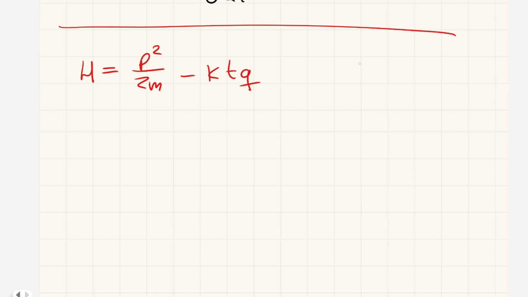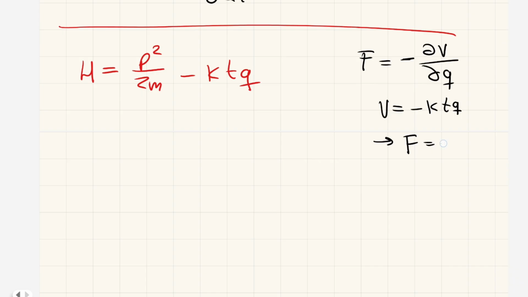So we know that a force F can be expressed as minus the derivative of the potential with respect to some coordinate. So if we have that our potential is minus KTQ, we can see that the force F is equal to minus the derivative with respect to Q of this, but that is going to be minus minus KT, so that is KT.